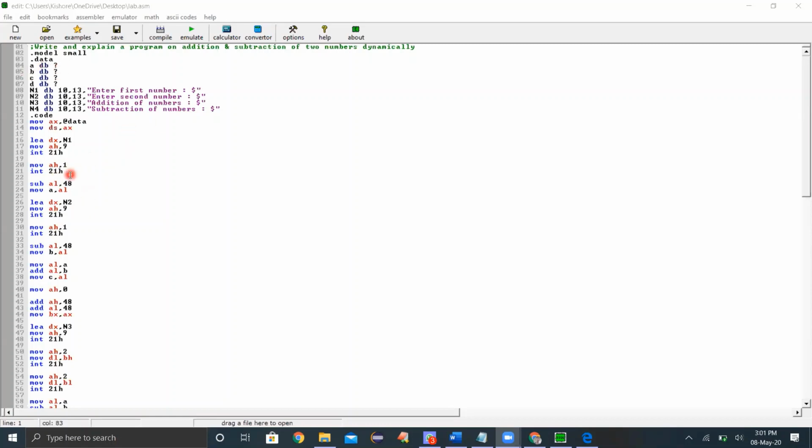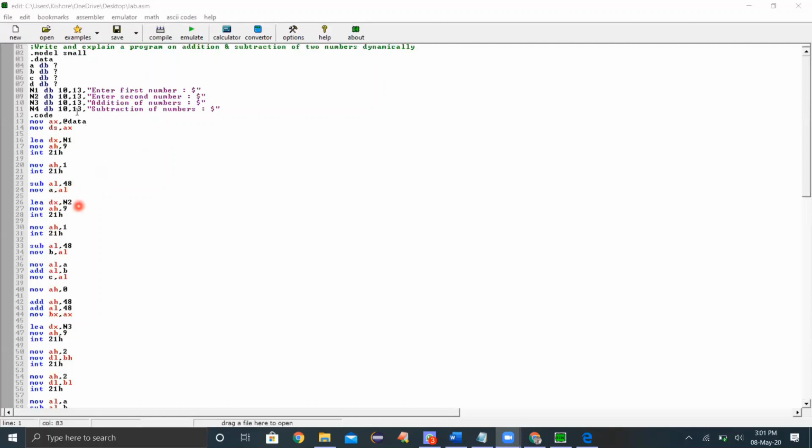Next comes SUB AL, 48, which means what we typed on the screen is taken as an ASCII value. So we convert this value to a decimal value, which is understood by us. We subtract 48 from our number, then we get the decimal value. The decimal value is stored in A.